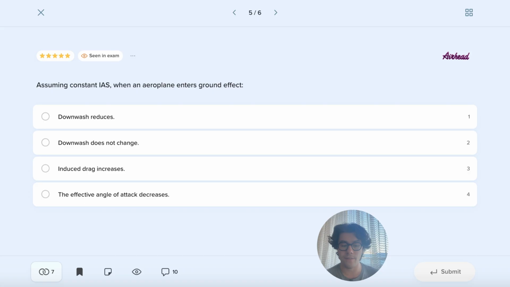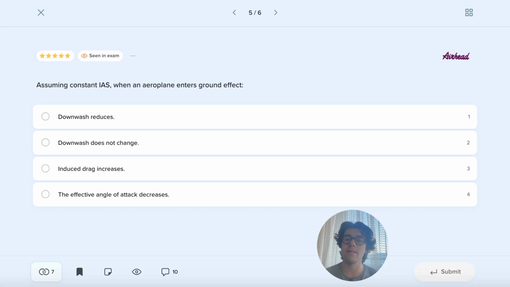And question number 5. Assuming a constant IAS, when an airplane enters ground effect, what happens? So ground effect is kind of like a cushion of air over a runway, or to be fair, any surface. And what it does is that when we are around one wingspan away from the ground, the vortices that are produced by our wings, which of course are the main components of induced drag, hit the ground and are not able to fully develop, meaning the downwash will decrease as the vortices are strictly linked to the downwash.